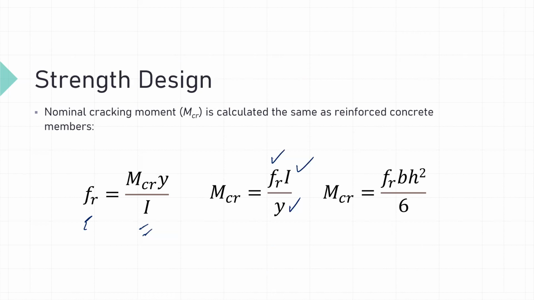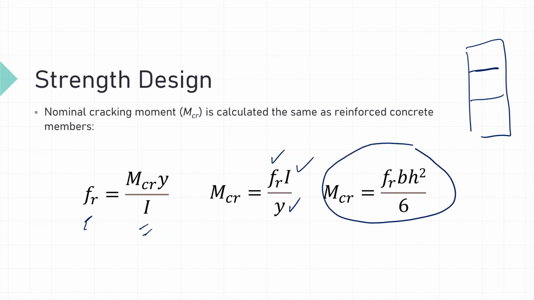And because we have a rectangular cross section with masonry, we can pretty easily solve for y and for I. Our I is bh cubed divided by 12, and y is going to be h divided by 2. And so plugging those in, our cracking moment is going to equal our modulus of rupture f sub r times b, the width of our beam, times h, the height of our beam, squared, divided by 6. So pretty easy for us to solve for our cracking moment.